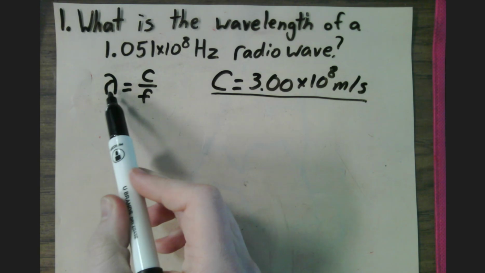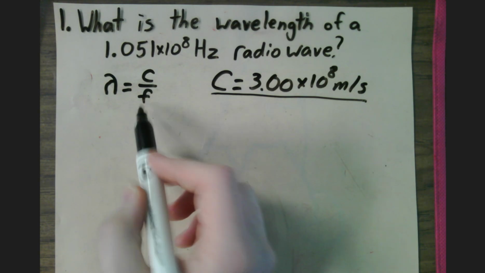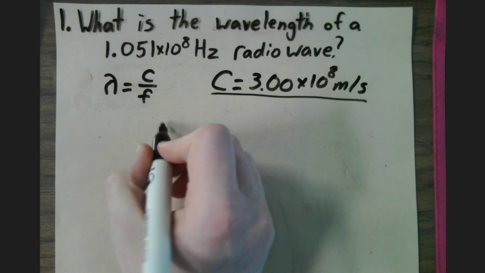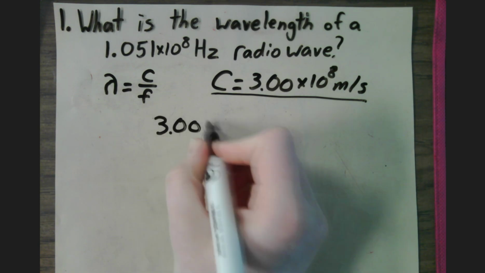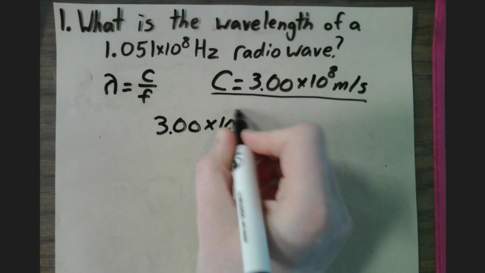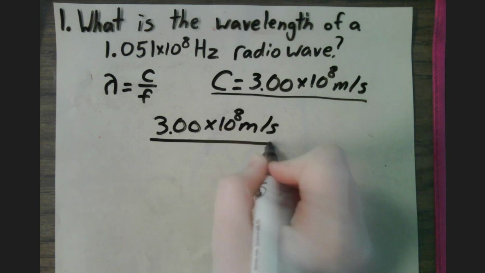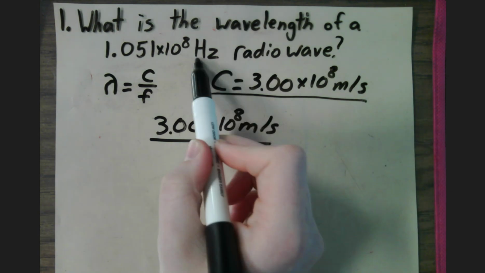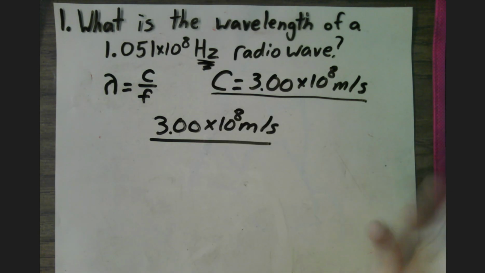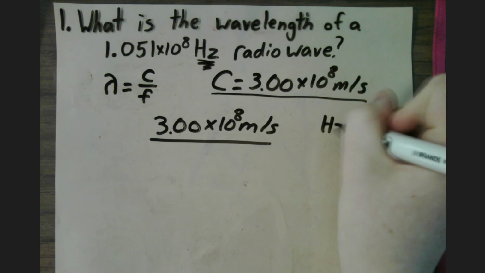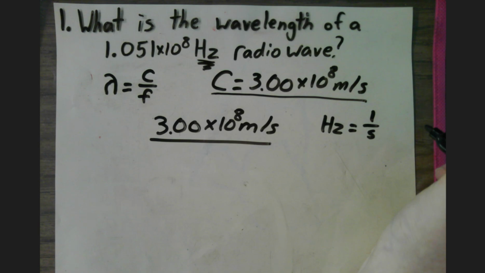So, in our problem, we're going to have c on top and frequency on the bottom. So our c is going to be 3.00 times 10 to the 8th meters per second. Now our units for frequency right here are hertz. But another way you can see hertz is 1 over s, units wise.